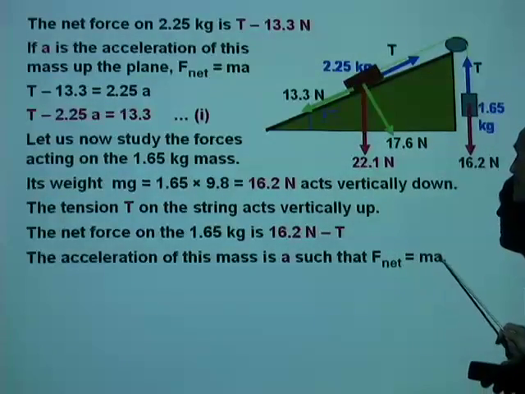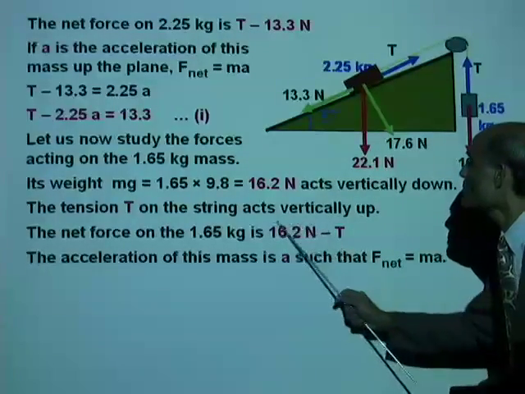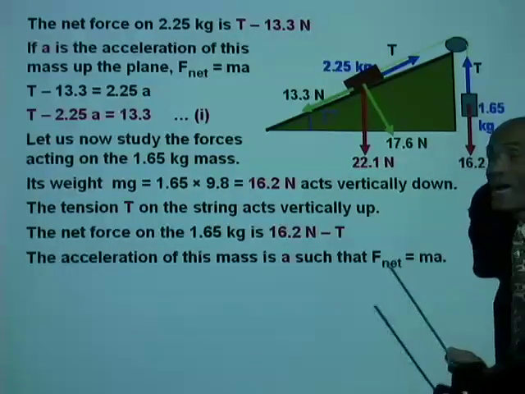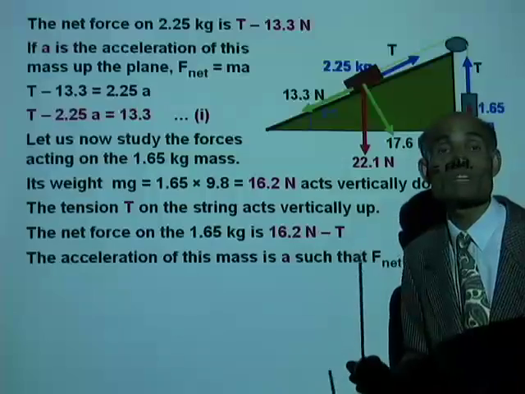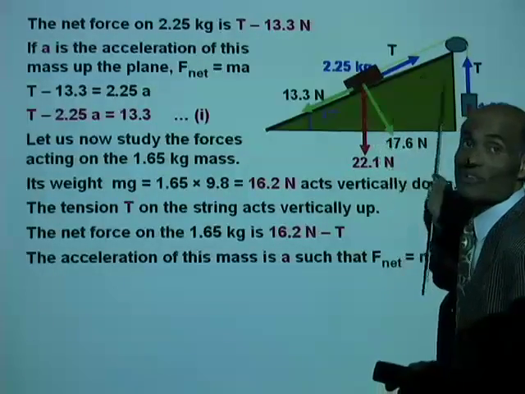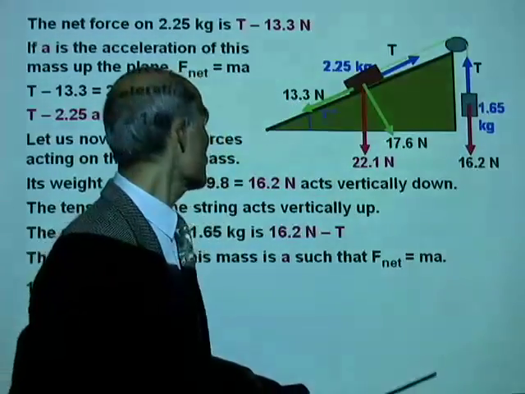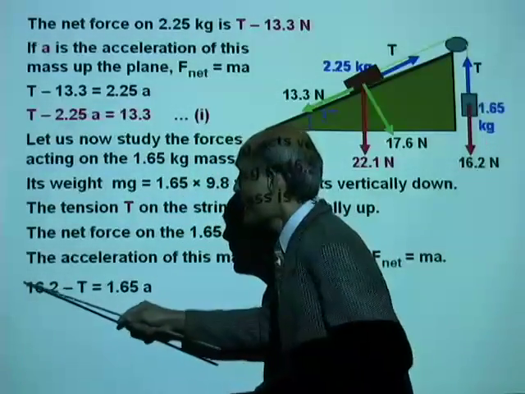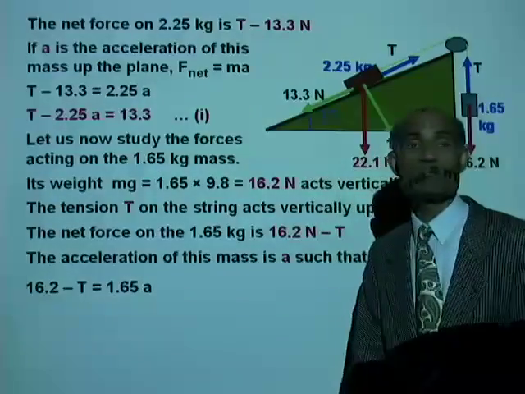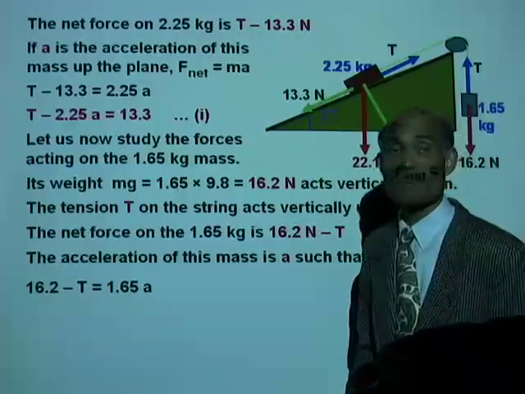F net equal to MA: the net force is 16.2 minus T, M is 1.65, A is the acceleration which we need to find. Because they are connected, the acceleration of this mass is the same as the acceleration of the other mass. So we have now the equation F net equal to MA, 16.2 minus T equal to 1.65A.